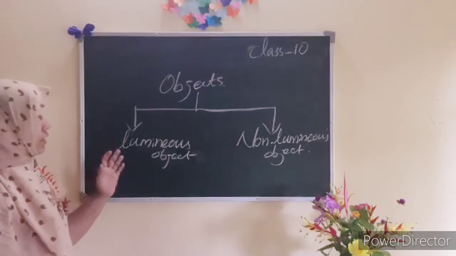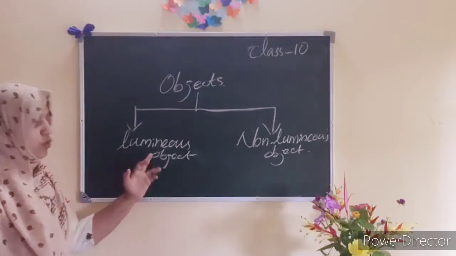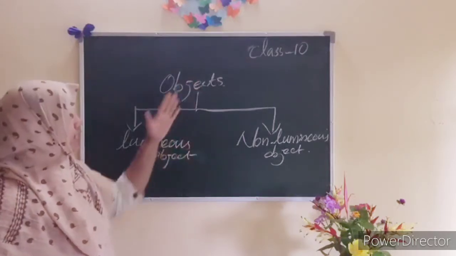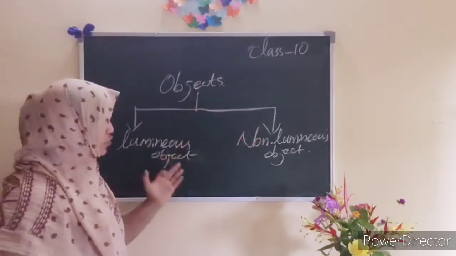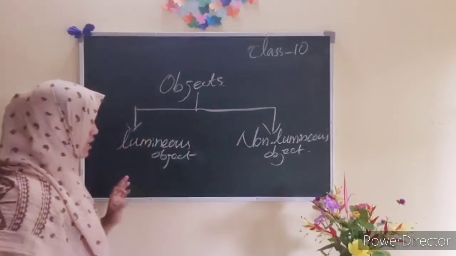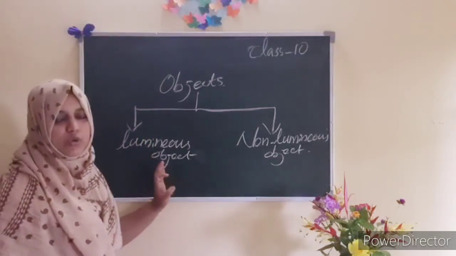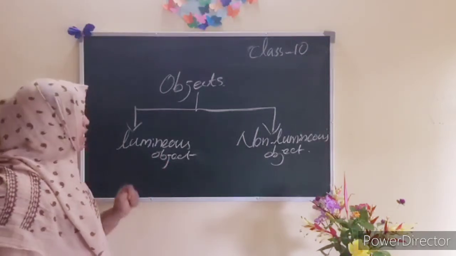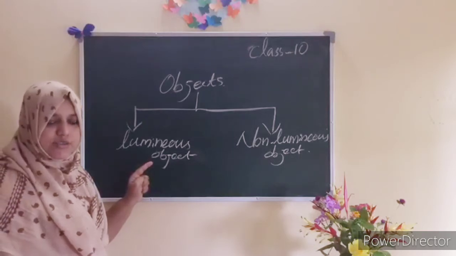Now I am explaining, first of all, luminous objects. What is meant by a luminous object? Luminous objects are defined as objects which emit their own light.